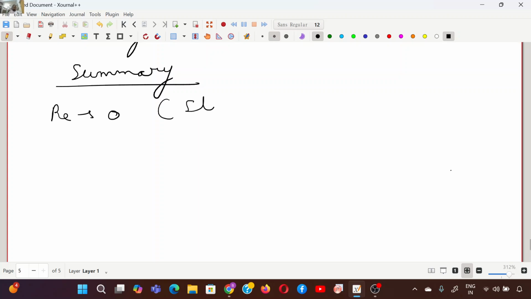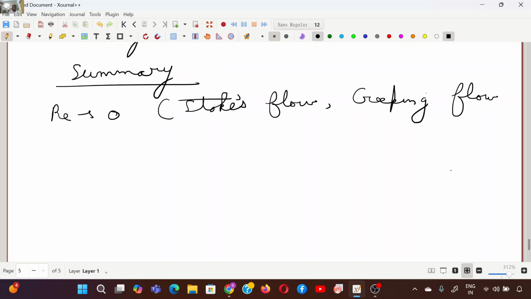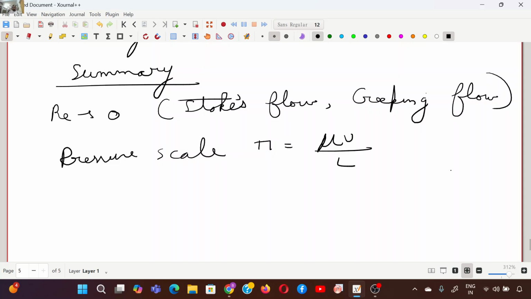When Reynolds number tends to 0, it is what is known as Stokes flow or creeping flow. Here, what is the pressure scale? It is equal to mu u by L. In the Navier-Stokes equation, rho will be absent. You set it to 0.